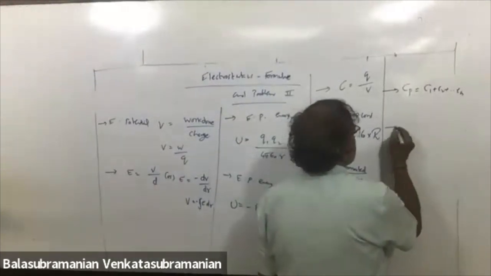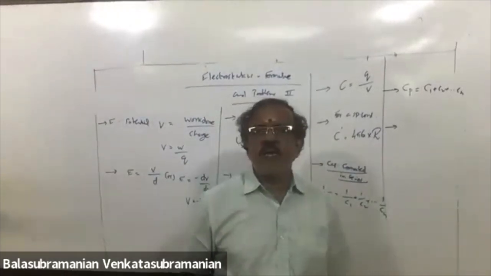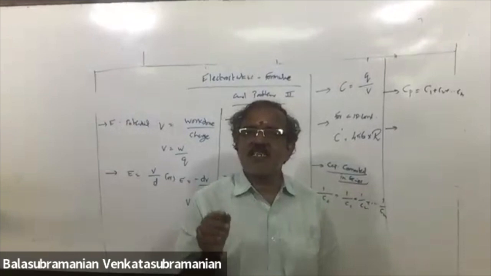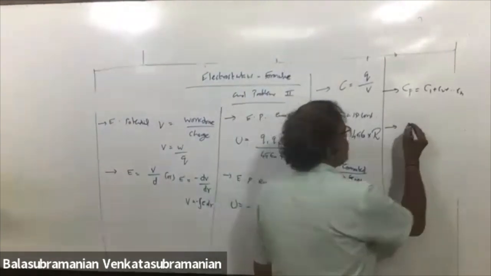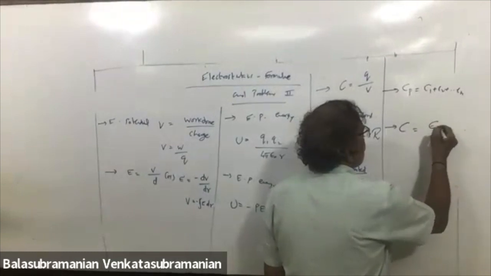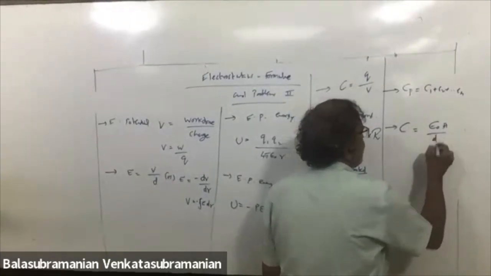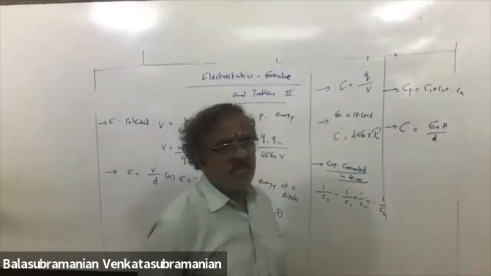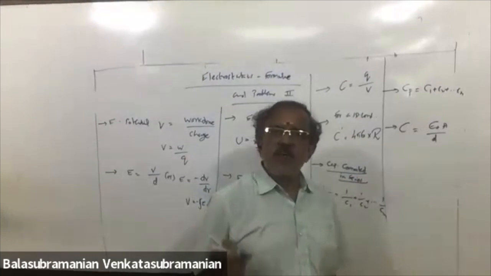Parallel plate capacitor. Capacitance of a parallel plate capacitor placed in air. C is equal to epsilon naught A by D. Now, what if it is fully dielectric?